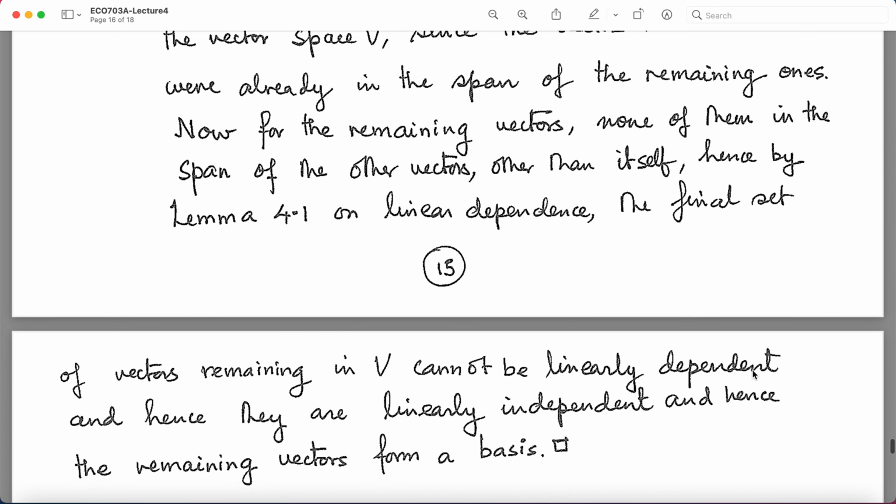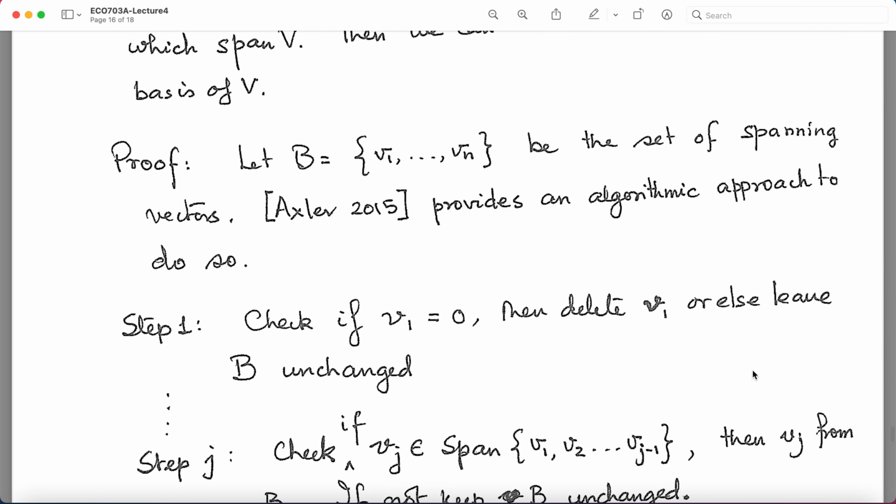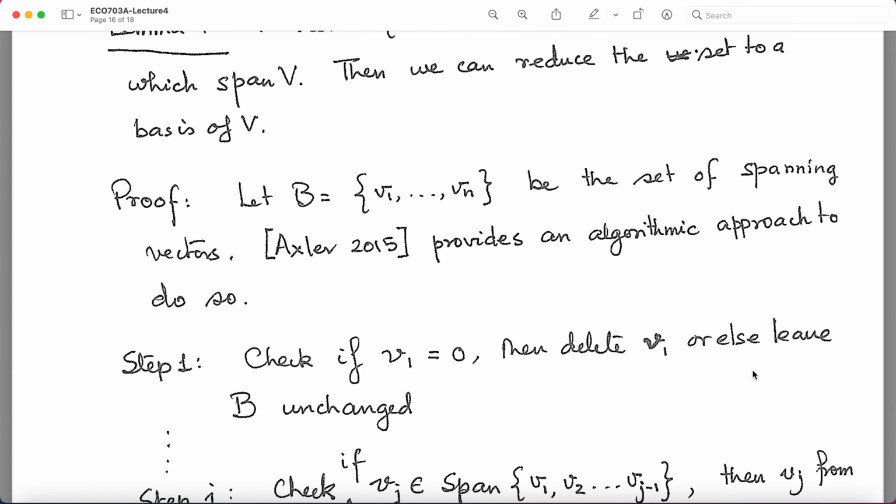Here the idea may not be so easy to understand, but let me try with you again. You need to read through it, because what it says is: check whether V1 is equal to 0, because a 0 vector cannot be part of a linearly independent set. So, throw it out if it is 0, if not keep it.